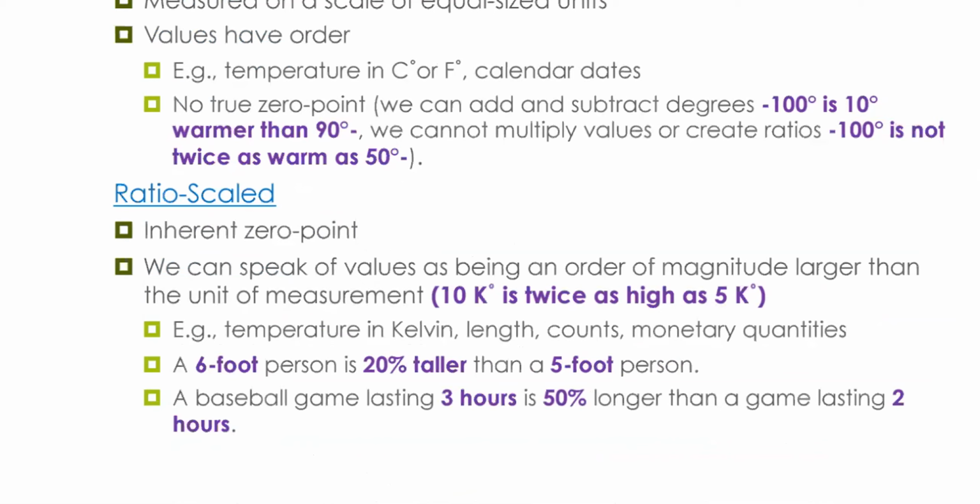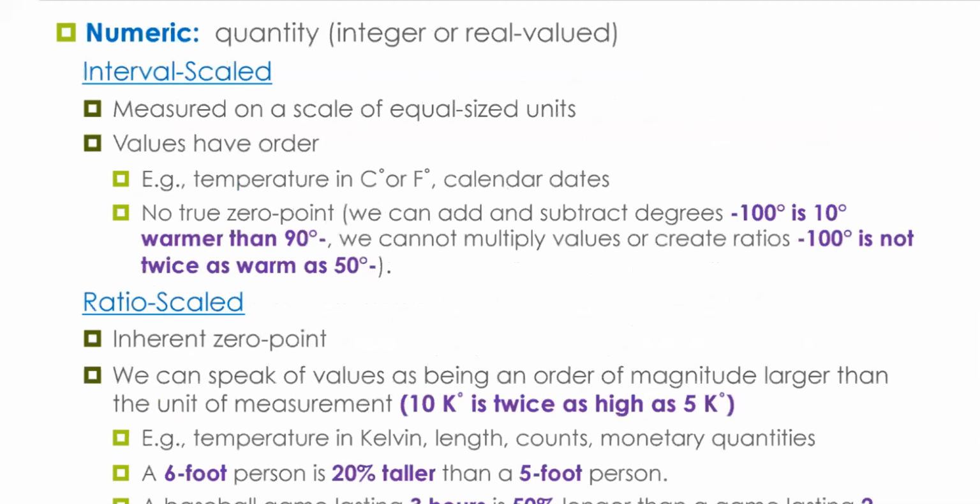For example, 10 K is twice as high as 5 K. That is the unit of measurement ratio. In an interval scaled attribute the actual values are represented, but in ratio scaled numeric attributes we can talk about the magnitude, not just the value.